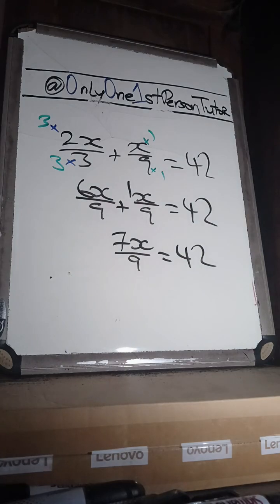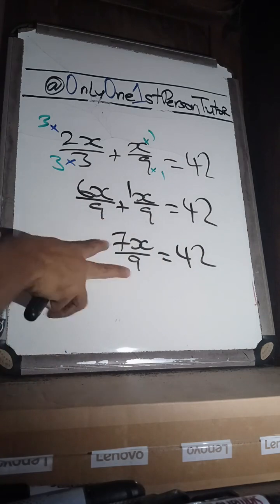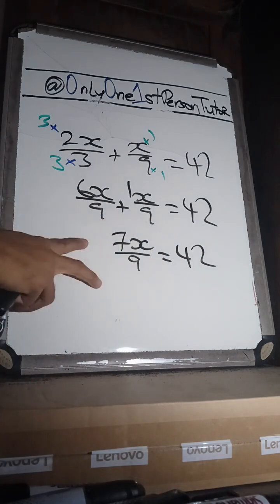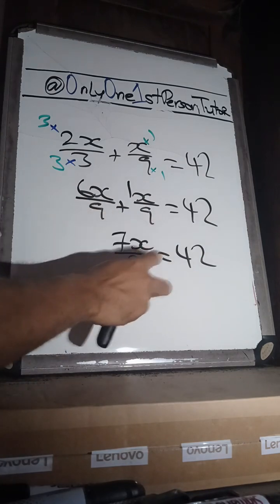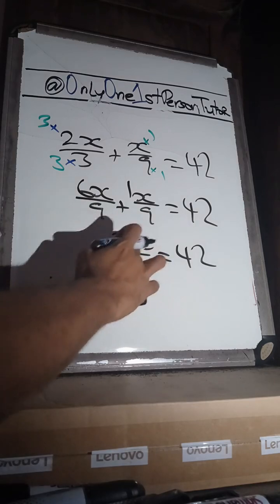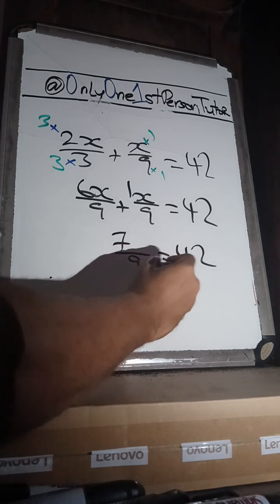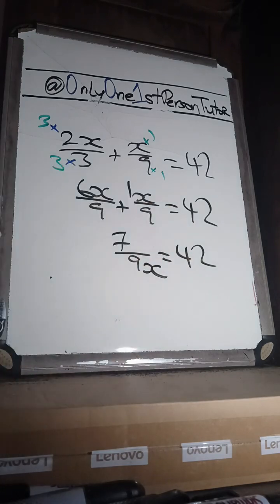Now the important part is where the x is. If x is up here, then it is 7 over 9 times x. But if the x is down here, it's a different thing. So where the x is, is very important. If I had this, that is not the same.